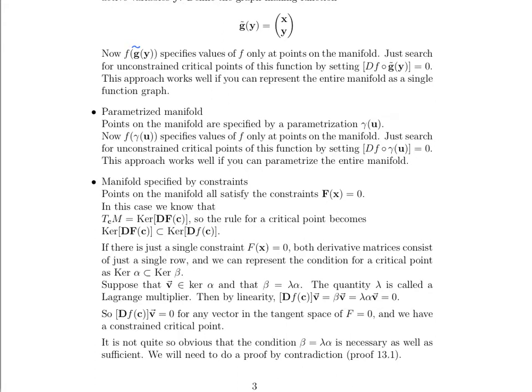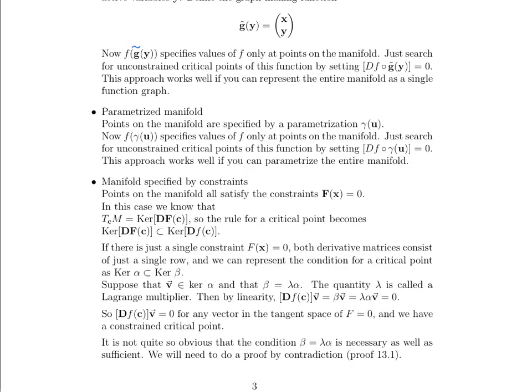Our points on the manifold all satisfy the constraint F of x equals 0, right? It's being described as a locus function. And we already know, based on the properties of describing it as a locus function and our proof from last week, that the tangent space at a particular point on the manifold is equal to the kernel of dF, big F, the locus function.